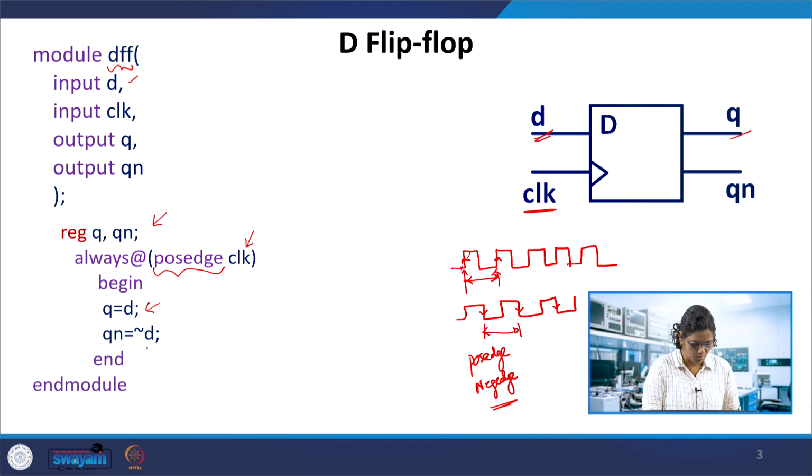So within the always block, this is sequential. So what happens here, whenever there is a posedge of the clock, the D is assigned to Q immediately. This is a blocking statement, so evaluation is immediate and it is assigned to Q. And then after Q is assigned, whatever the value of D is, it is complemented and assigned to Qn.